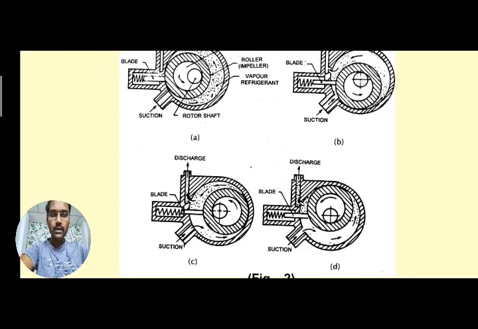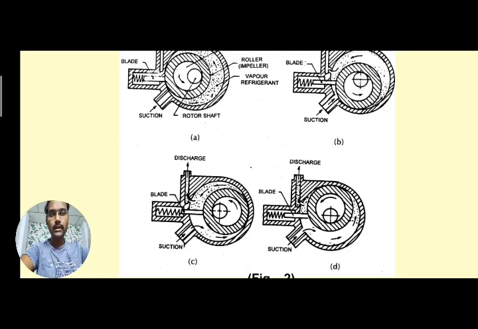Now you can observe the complete opening of the suction port has taken place. Simultaneous operation is taking place: suction is happening on one side, and the roller is pushing the refrigerant on the other side at the top. Complete pressurizing of the refrigerant takes place, and it is pushed through the discharge port.